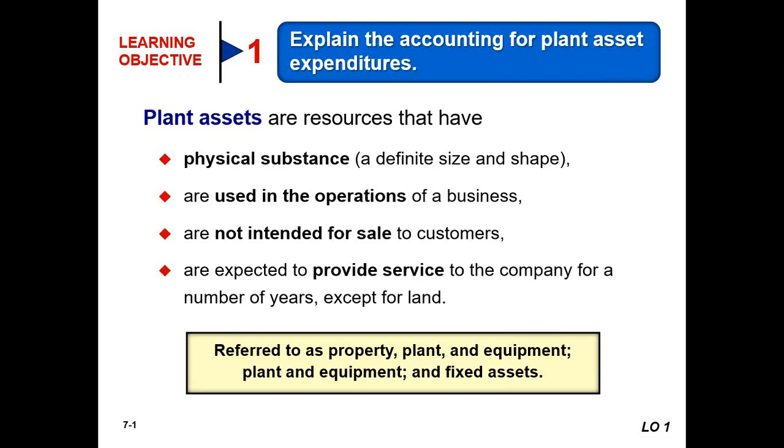It's something that the company needs to do what they're in business to do, but they're not purchased for resale. They're purchased to be used in the operations of the business. They have physical substance, they are of significant value, and they're expected to last longer than 1 year.